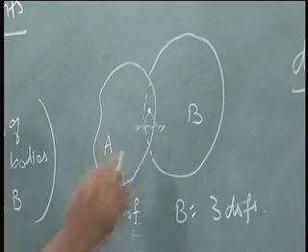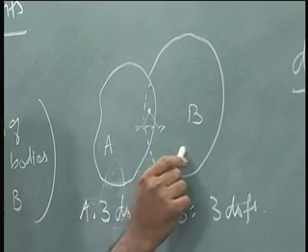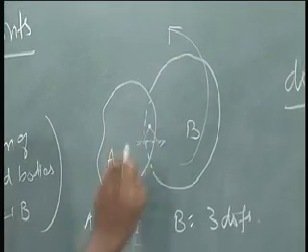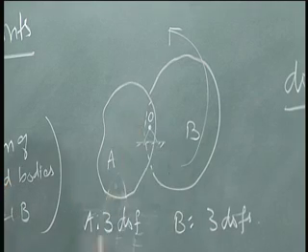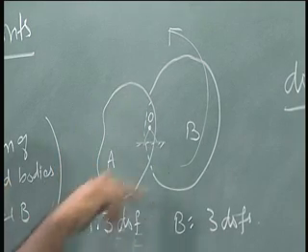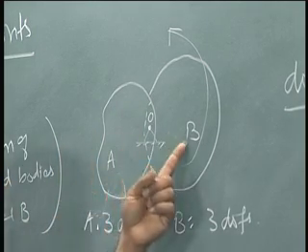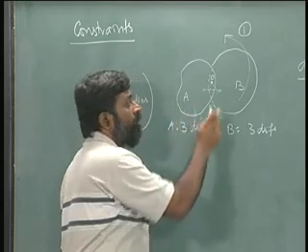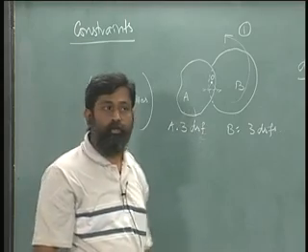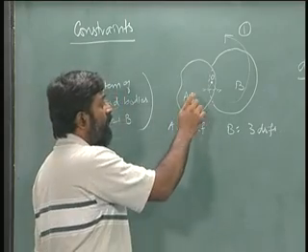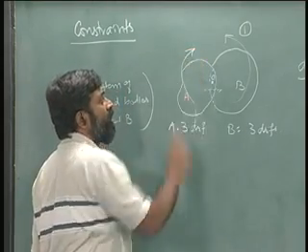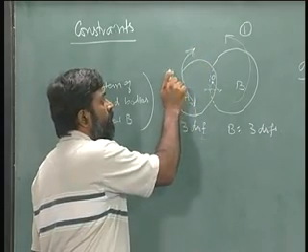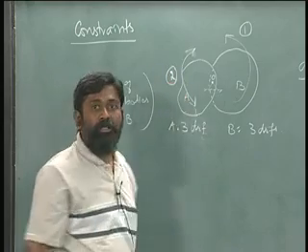Then I know that about this particular point, let me call this O, B can rotate, and about this particular point again A can rotate independent of B. So I have 1 degree of freedom possible for the B rigid body to rotate, and for A rigid body to rotate either this way or this way independently.